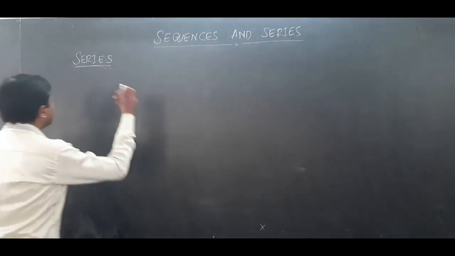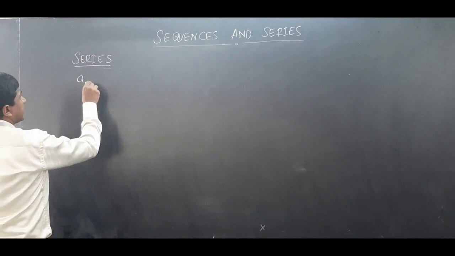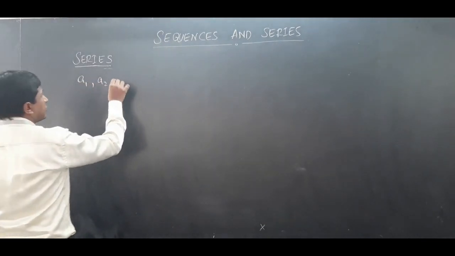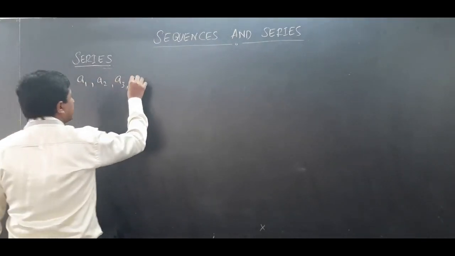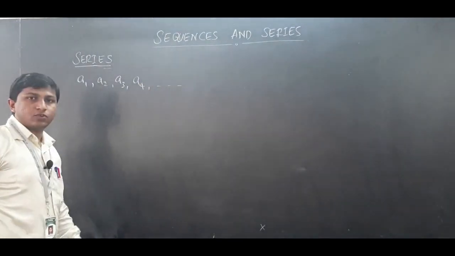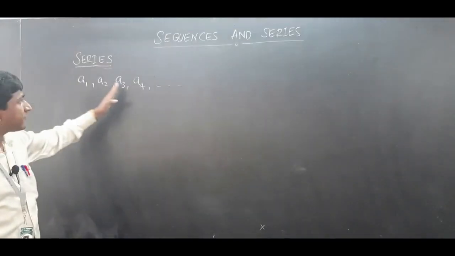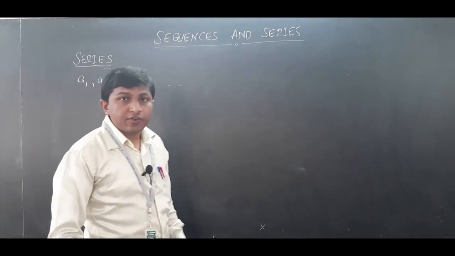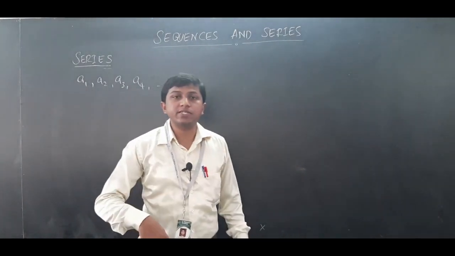Okay, in general I will say let A1, comma A2, comma A3, comma A4, comma so on. Okay, this is an infinite sequence. It can also be a finite sequence. Okay, I have taken a general sequence, a sequence in a general form.